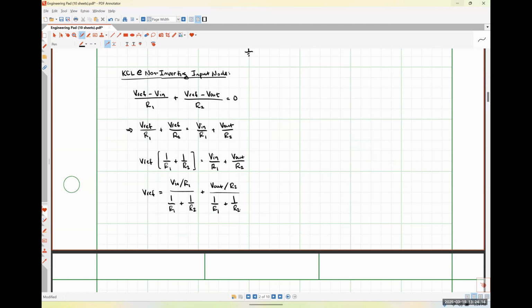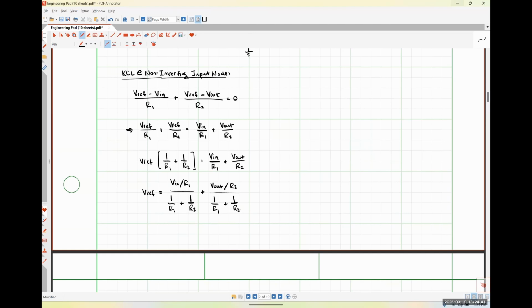So essentially here, I've got a common factor of 1 over R1 plus 1 over R2. What is that? Mathematically. Parallel resistance, R1 in parallel with R2. So I'm going to replace that 1 over R1 plus 1 over R2 with just R1 times R2 over R1 plus R2.